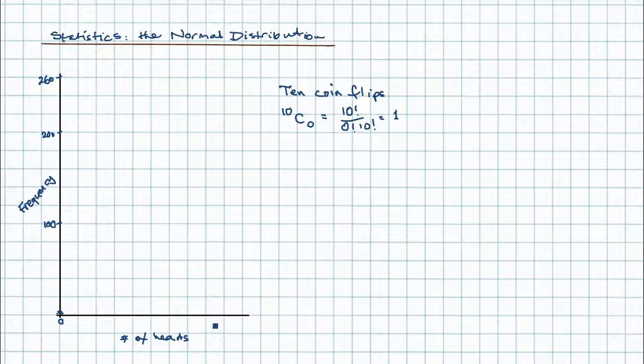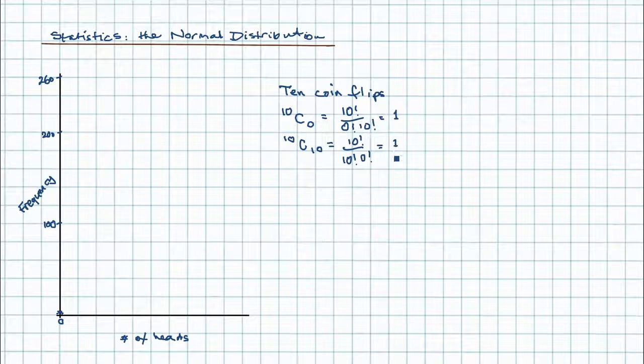Now, similarly, if we think of getting all heads, so that would be 10 choose 10 ways, we would have a very similar formula here, but this time 10 factorial times 0 factorial in the denominator. But you can see this is simply swapped around the other way, which doesn't make any difference, so the answer again will be 1.